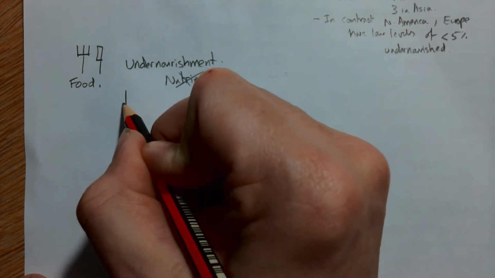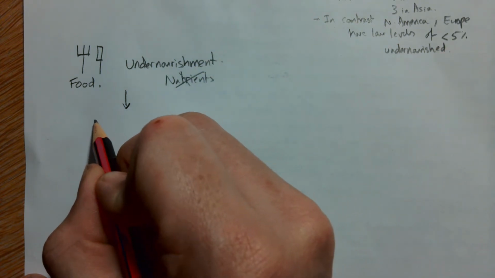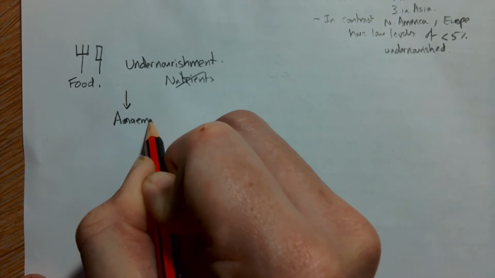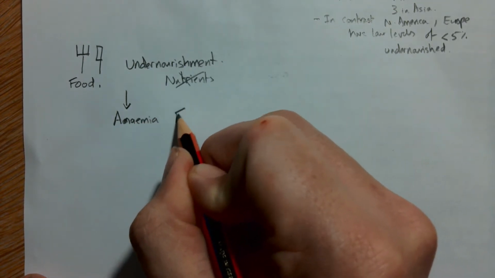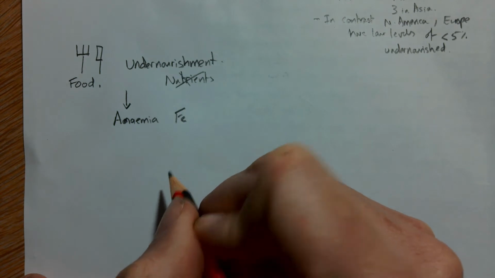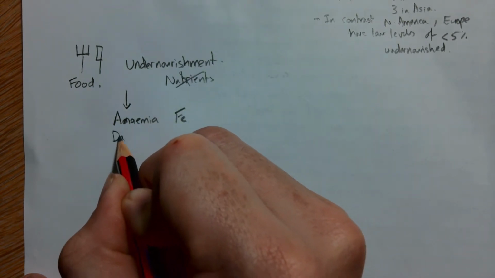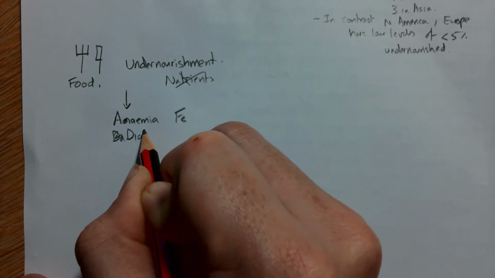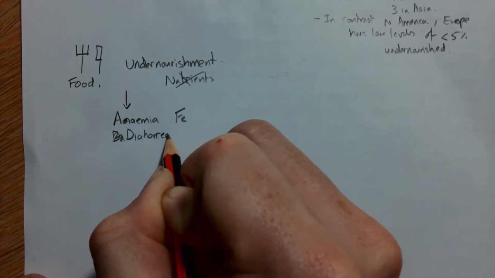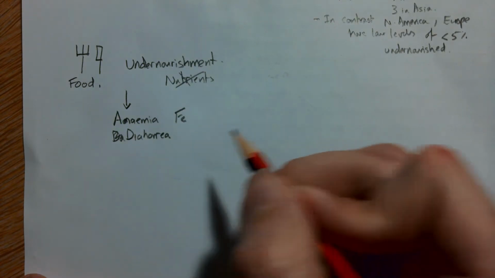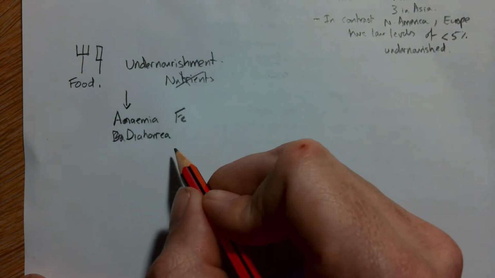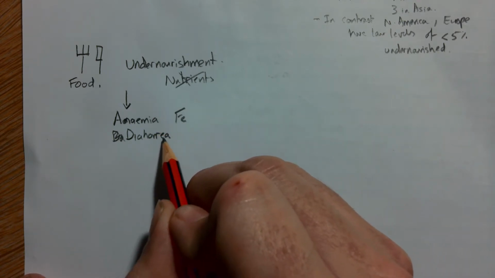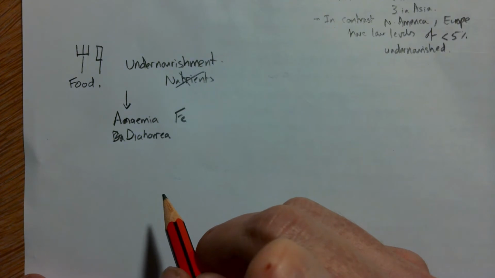So as a result, they're likely to get illnesses like anemia, which is a lack of iron, or diarrhea, which we all know what that is, and although it can be a little bit of a joke in countries like ours, this is life-threatening, especially for children in many poorer parts of the world.